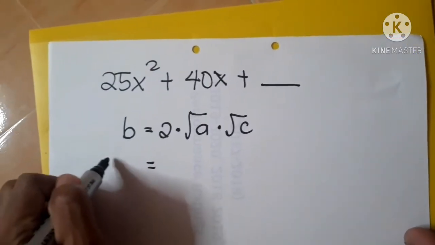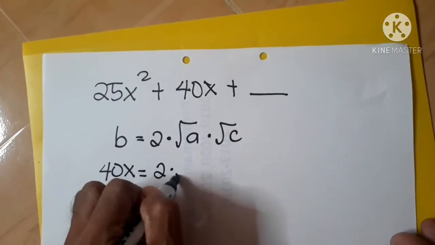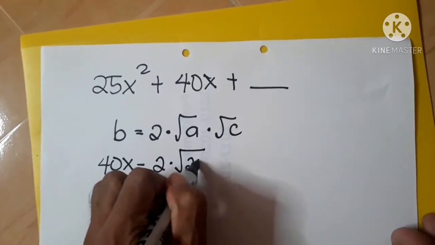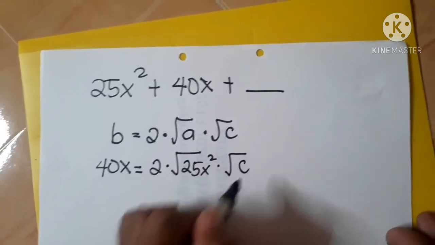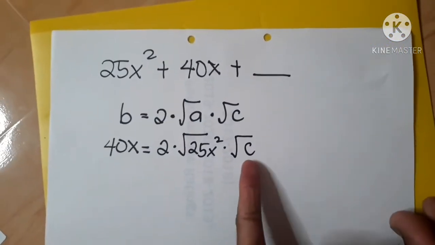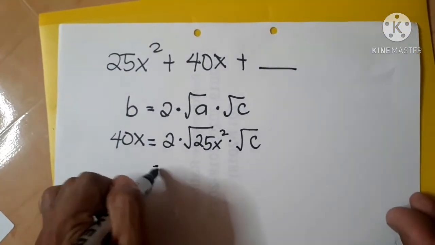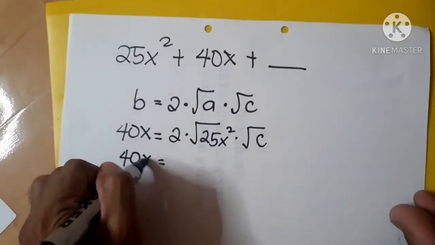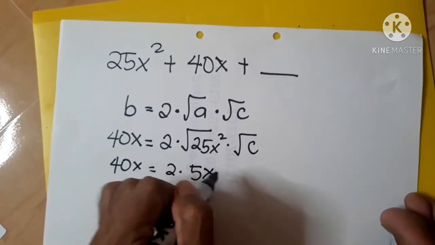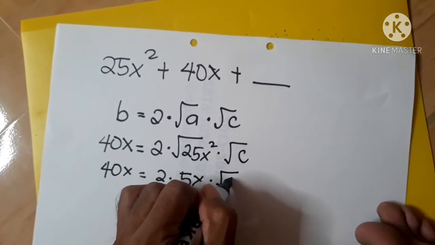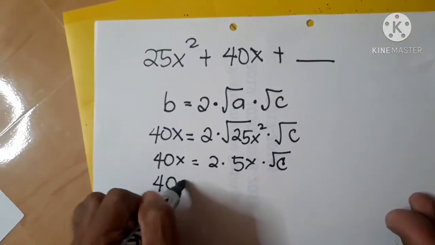So we have 40x equals 2 times the square root of 25x squared times the square root of C. Since this one is unknown, we're going to rewrite this as the square root of C. Then 40x equals 2 times 5x times the square root of C. Then do the manipulation.